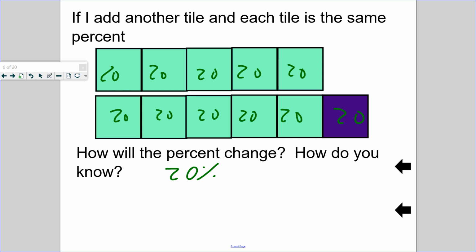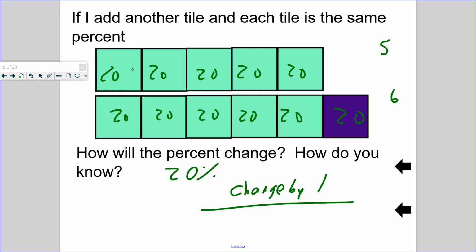But how can I do it more mathematically? Here, the original was 5 tiles. Then it became 6 tiles. So is it increasing or decreasing? It's increasing by 1. So it changed by 1.